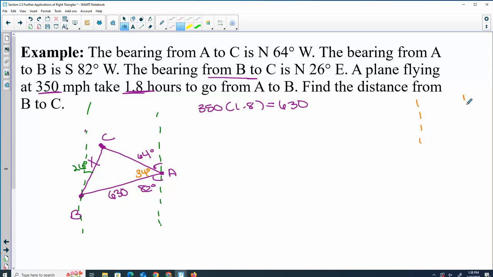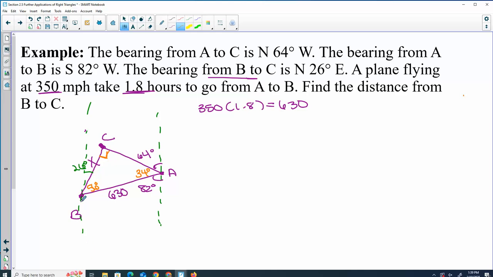You have two parallel lines. These angles have to be the same, right? So we know this is 82 degrees. So this has to be 82. So these two together are 82. So you can do 82 minus 26 and you get 56, and then 56 plus 34 is 90, so this angle C is 90.